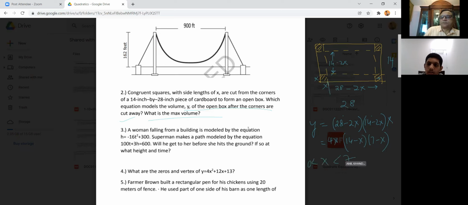Since you do not know derivatives, which we normally use in calculus, what you could do is calculate the volume for different values of x. Make a table. So let's take values of x and find the volume, which is 4x times 14 minus x times 7 minus x. Is it okay?